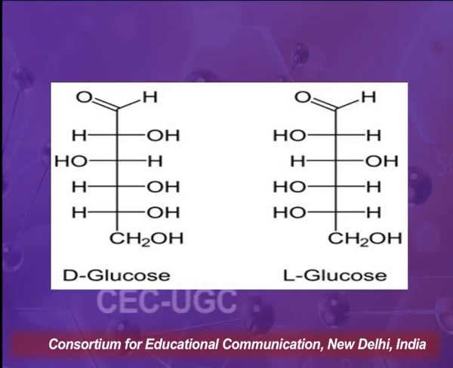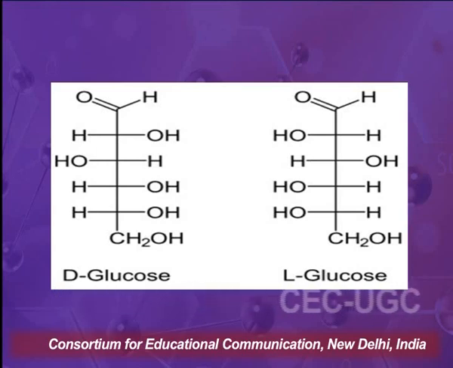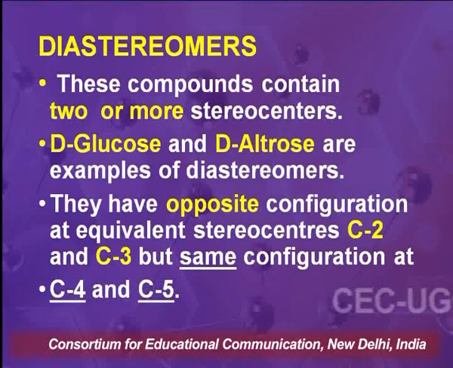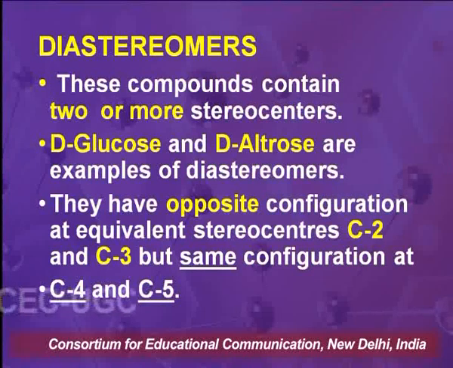So the number of stereoisomers for this molecule would be 2 to the power of n, where n is the number of chiral carbons. That means a compound having molecular formula C6H12O6 with 4 chiral carbons can have 16 stereoisomers. Now, are all these stereoisomers enantiomers?